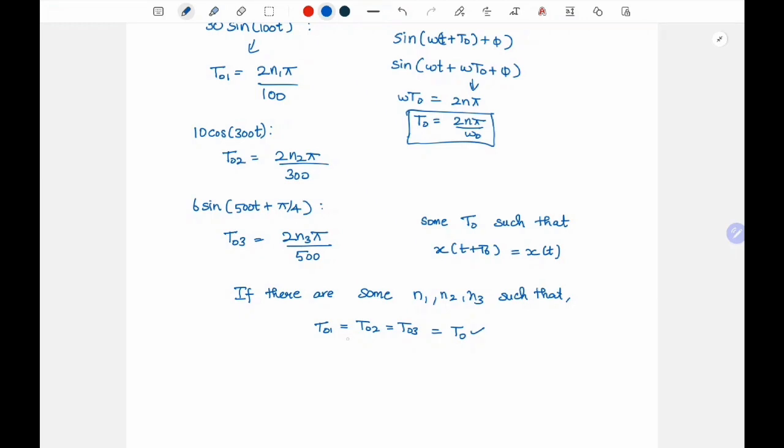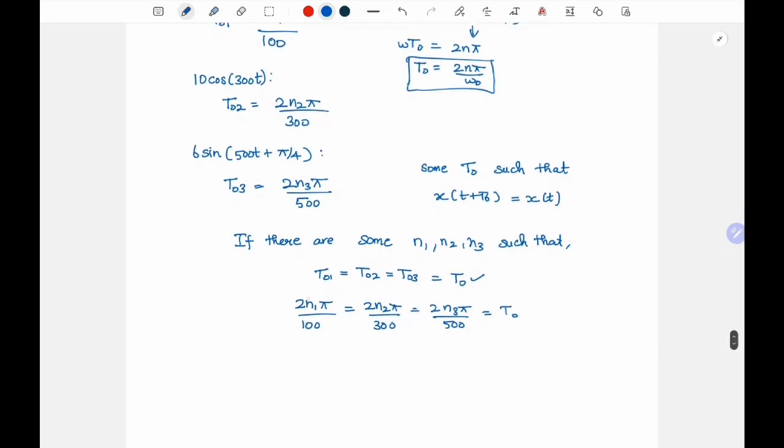So now we'll just try to substitute this. So 2n1 pi by 100 is equal to 2n2 pi by 300 is equal to 2n3 pi by 500 is equal to some t naught, right? So we can divide by 2 pi. So we'll get n1 by 100 is equal to n2 by 300 is equal to n3 by 500 is equal to t naught by 2 pi. So if you observe, n1, n2 and n3 are integers.